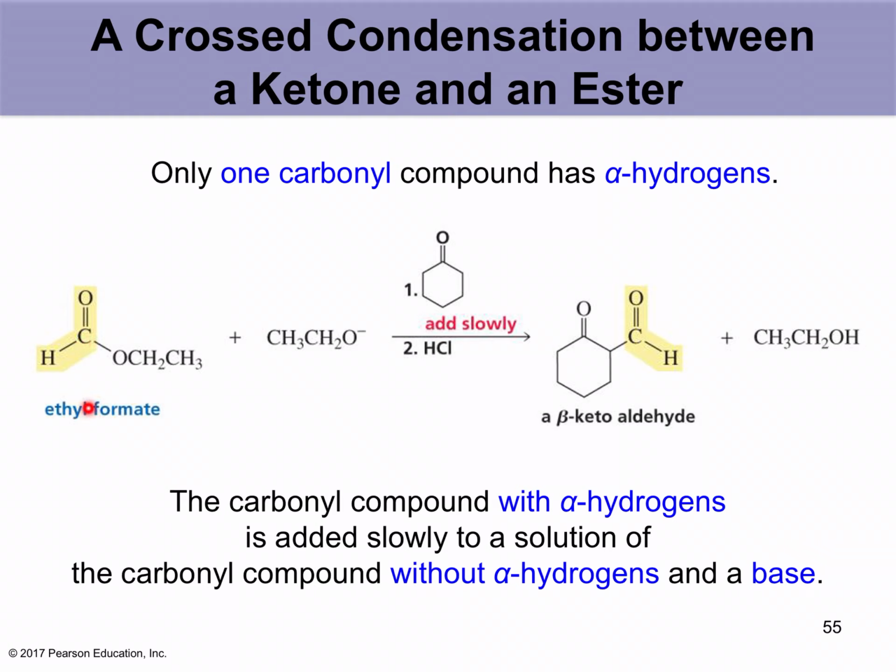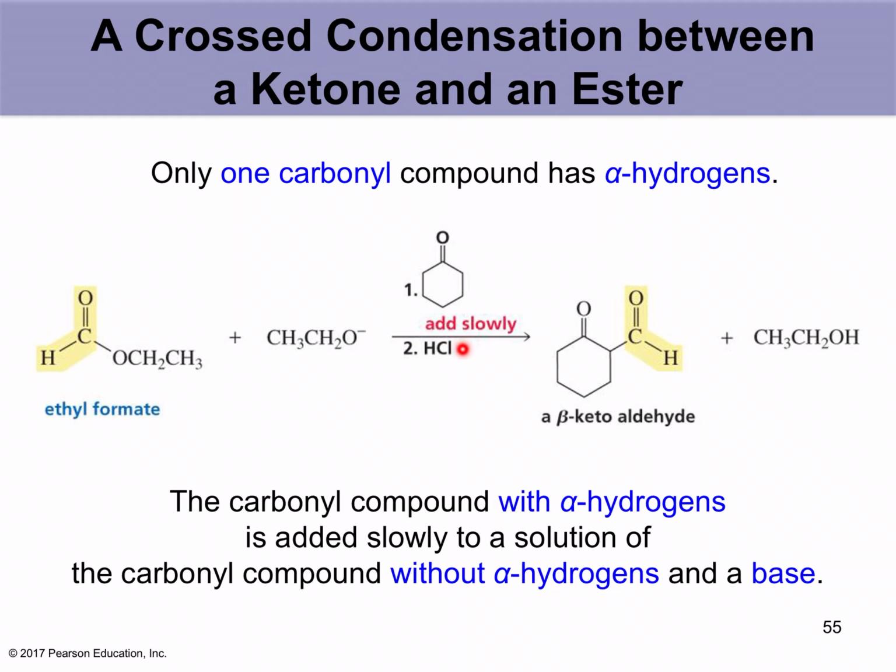This is ethyl formate, and our nucleophile is going to be ethoxide, and we're going to be adding this one slowly. Even if you have the nucleophile in the reaction mixture, there are no alpha hydrogens, so nothing will happen. They just stay together. It can add here and then remove here, it doesn't matter, it's going to be the same product.